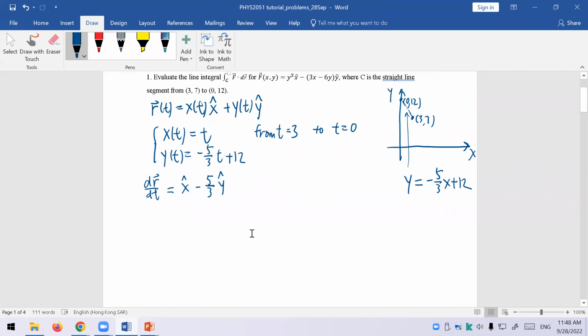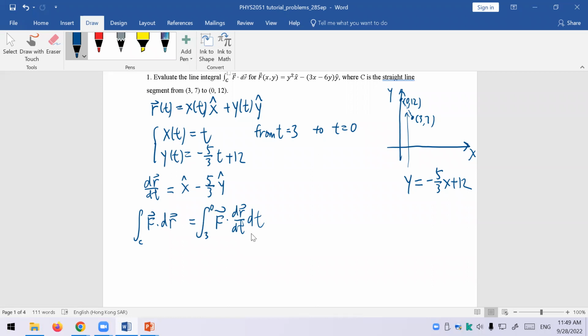Now the line integral is converted to an integral over t, and t goes from 3 to 0.